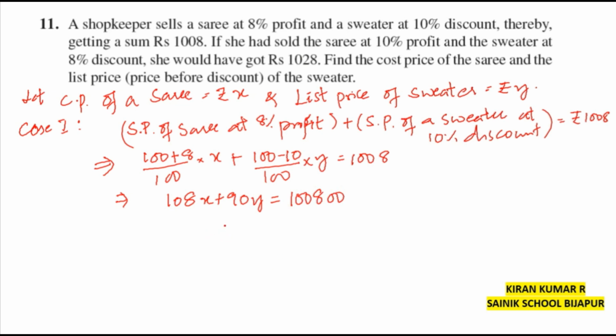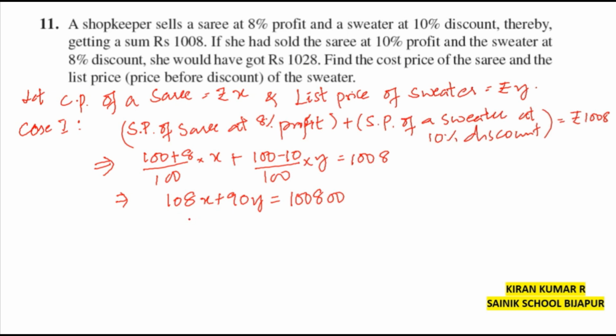We can further simplify this. This 108 as well as 90 and 1008, they are all divisible by 18. Yes, 18 times 6 is 108.